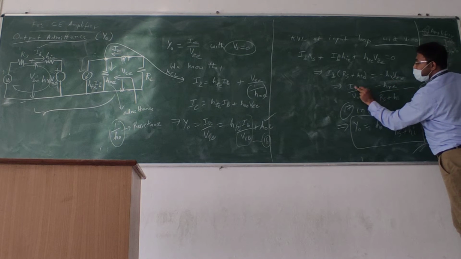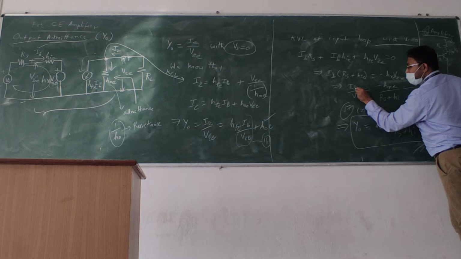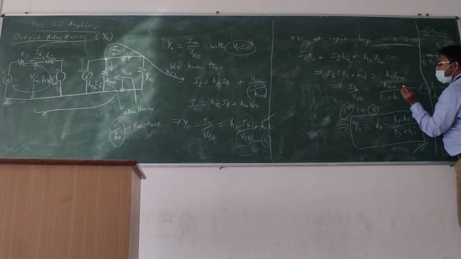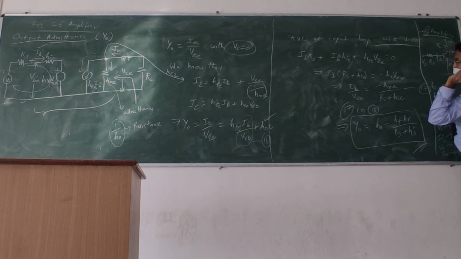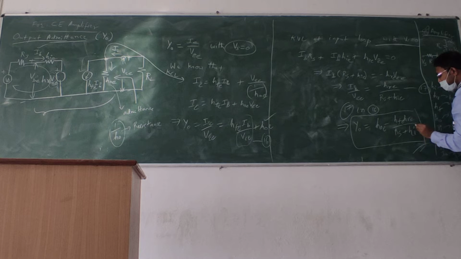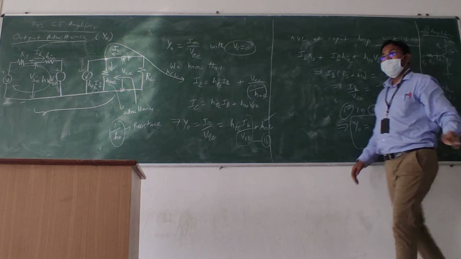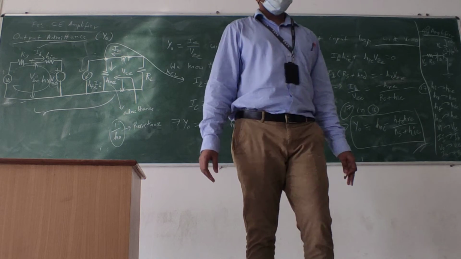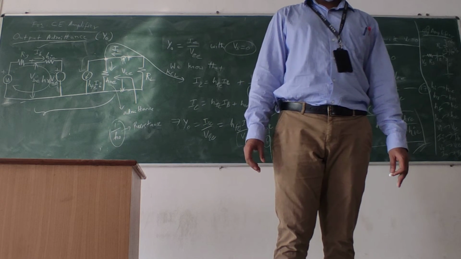HRE, this is IB, VCE. So only in this final expression you will get the additional second subscript. Rest all the same.